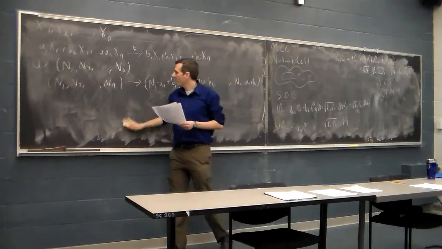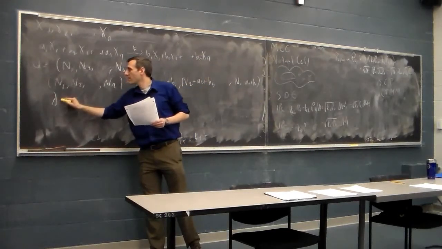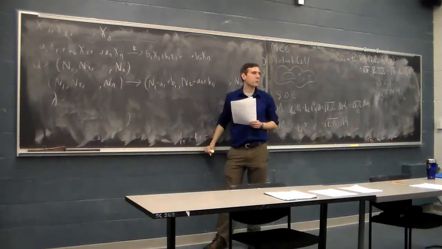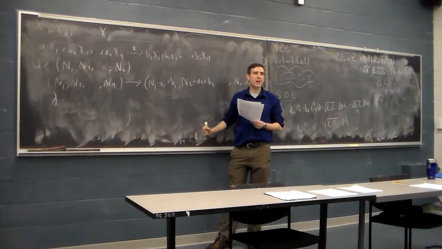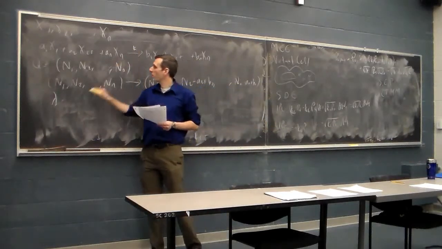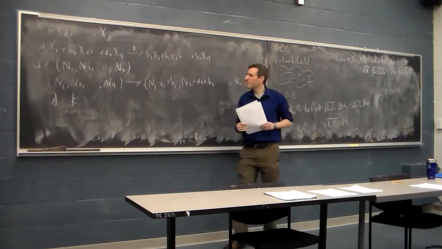So in particular, if we're trying to produce this reaction, we're going to assume it has a waiting time described by some exponential rate lambda. So the waiting time is an exponential random variable with rate lambda. And that we would assume is going to be proportional to k. So that would kind of make sense.